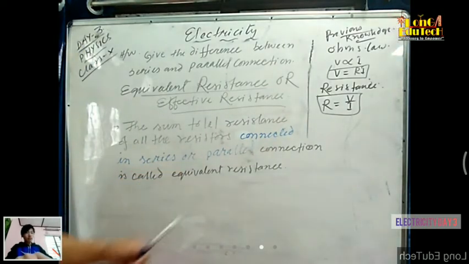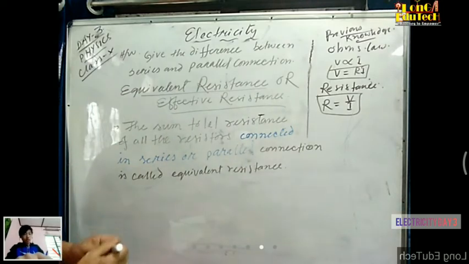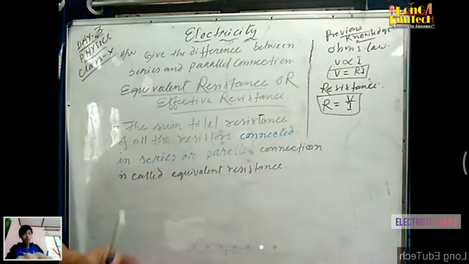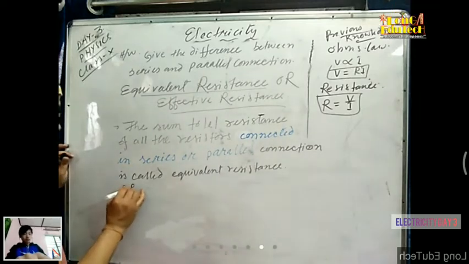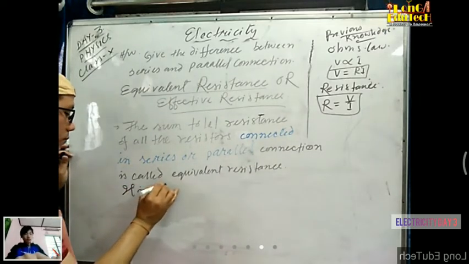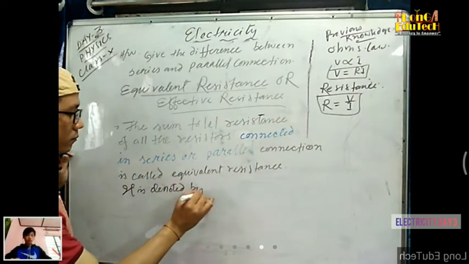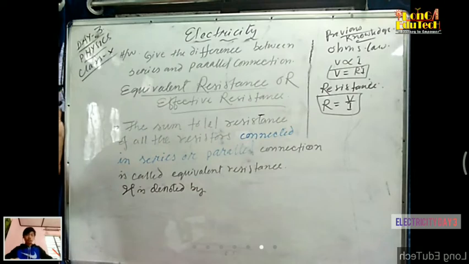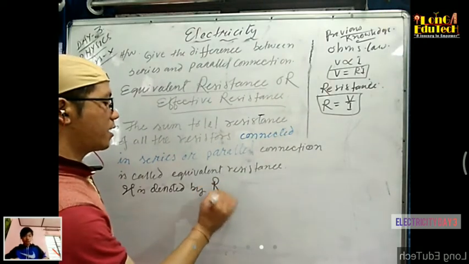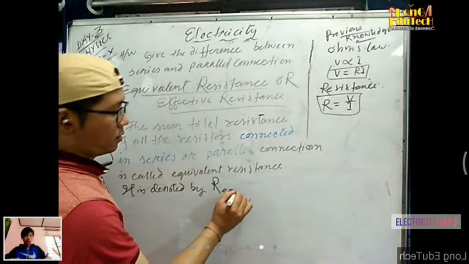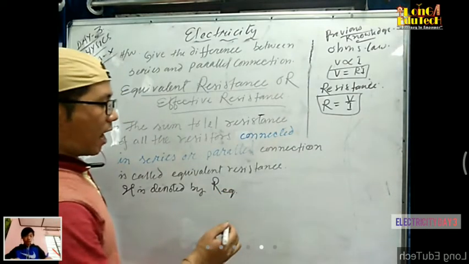Okay, the sum total resistance of all the resistors connected in series or parallel connection is called the equivalent resistance. Okay, so you know it is denoted by R equivalent, REQ, or sometimes R effective.